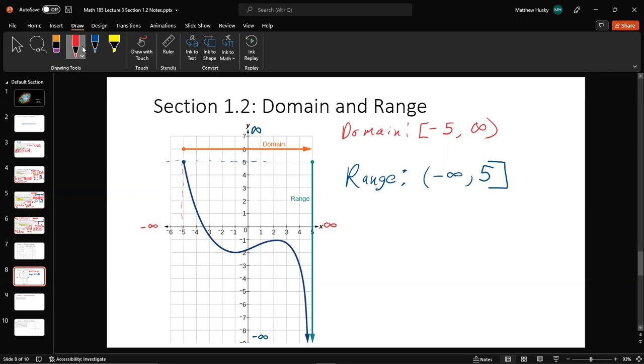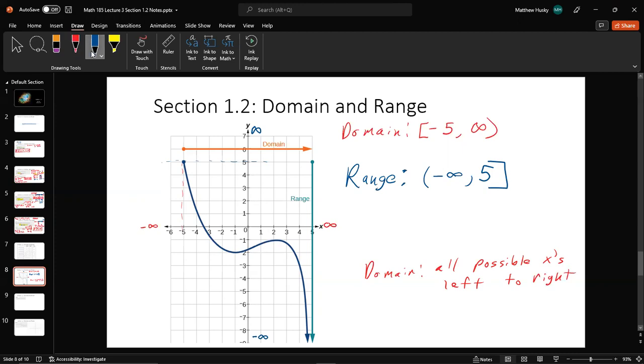And again, we've mentioned this before, but just to reiterate, the domain is all possible x's. That's basically saying from left to right, how far does it go?